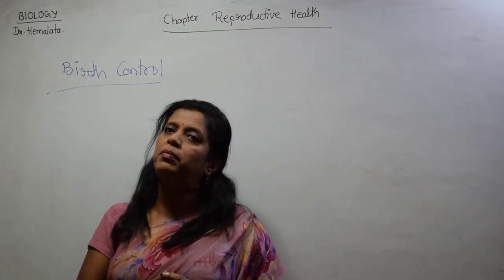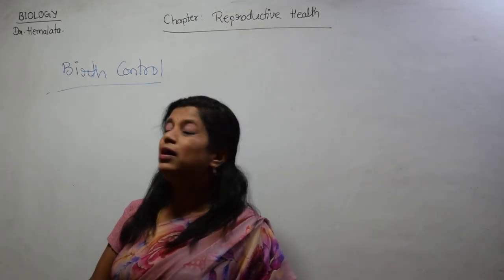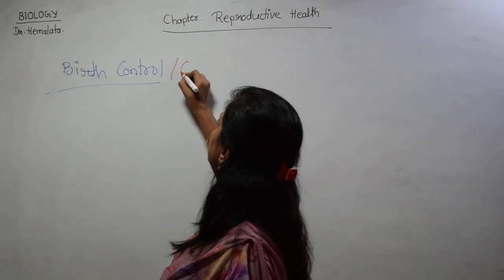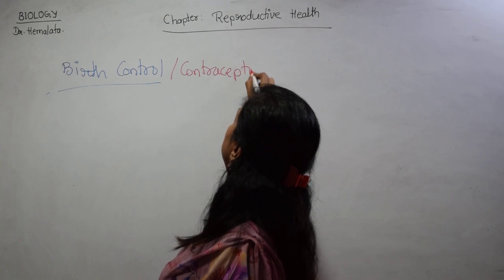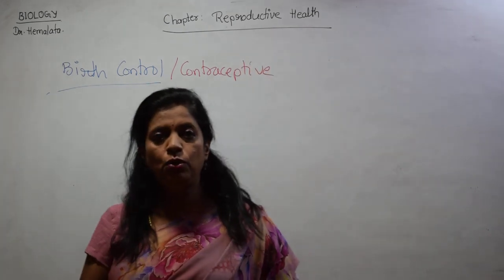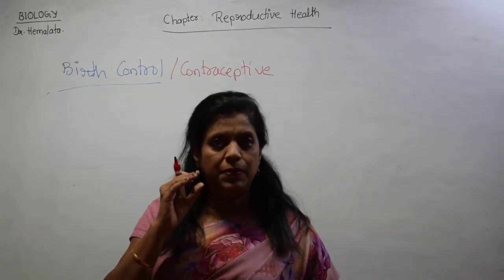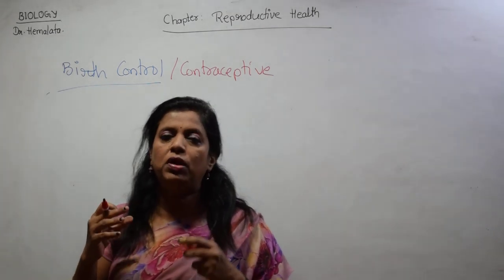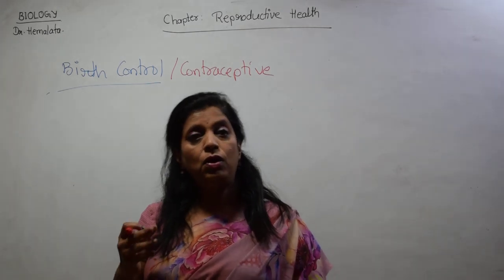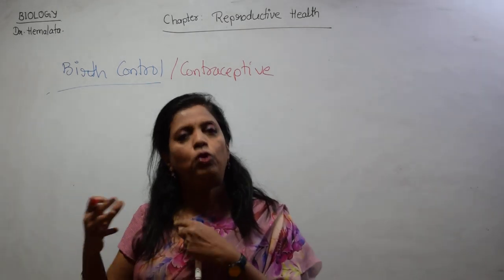Birth controlling methods are also called contraceptive methods. Contraception is the opposite word of conception. To conceive is to become pregnant. Contraception is not to become pregnant.